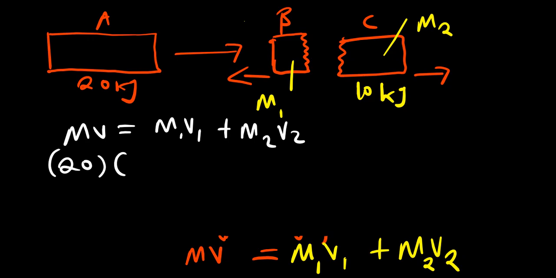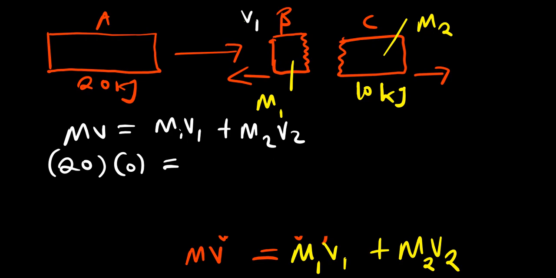Initially this object was at rest, nothing was happening, so the velocity here is just 0. Then after being hit, we don't know the mass for this one, but let's say we're finding the velocity for this object.